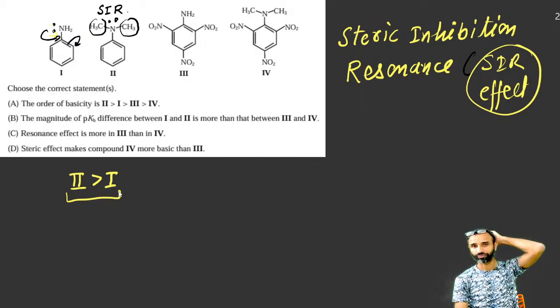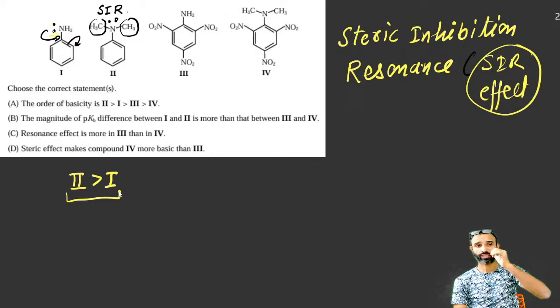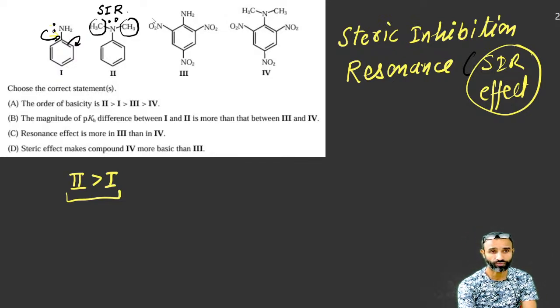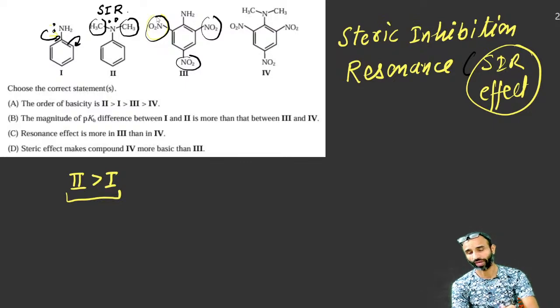Right? Now let us compare third and fourth. In third and fourth, both have nitro groups at the ortho and para positions, where they show the effect.